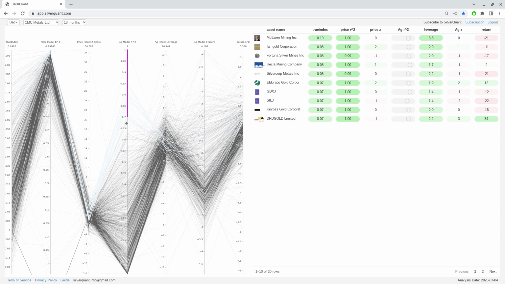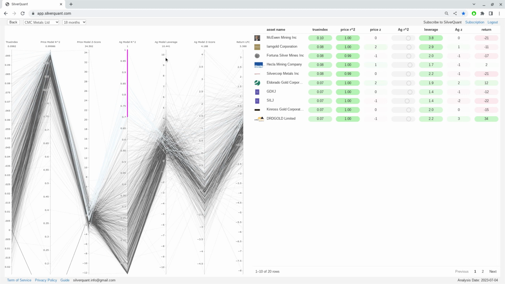The reason is that if the model's not fitting, then the associated leverage value probably doesn't have much meaning, right? So let's make sure that the model's fitting. Let's say 0.7 and above. So this means the silver price actually has some predictive value of the asset price.